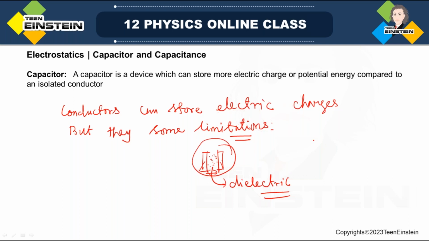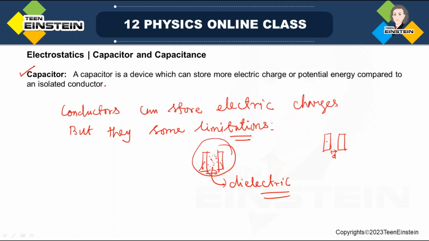So there are different capacities of different isolated conductors to store charges, but what we are talking about is a capacitor, which is a device that can store more electric charge or potential energy compared to an isolated conductor. And see, this is one such pair of parallel conducting plates, separated by a very small distance d.